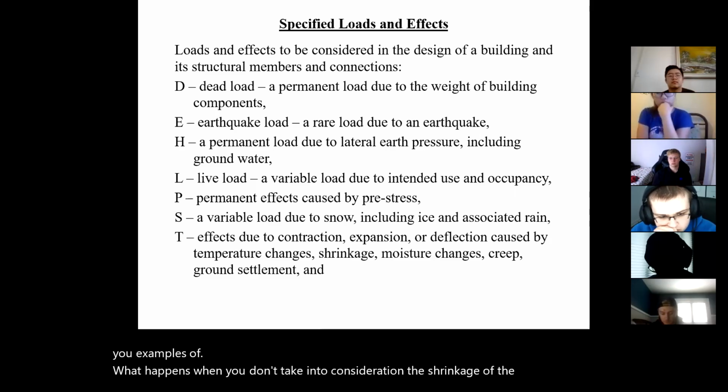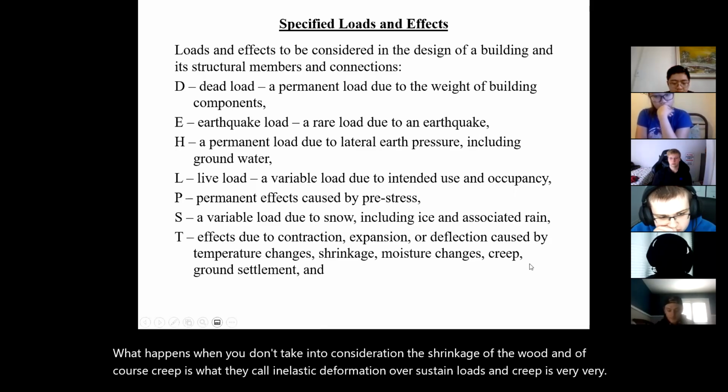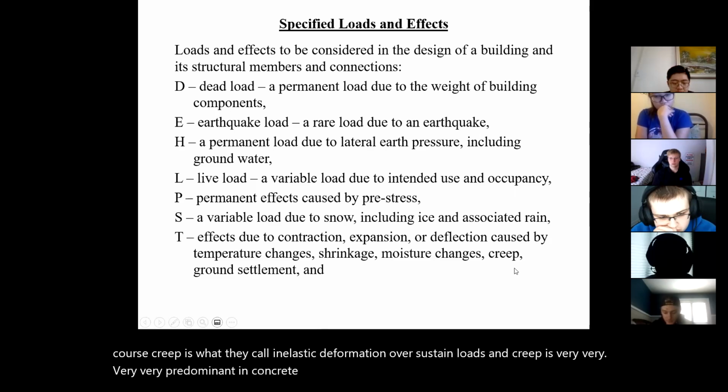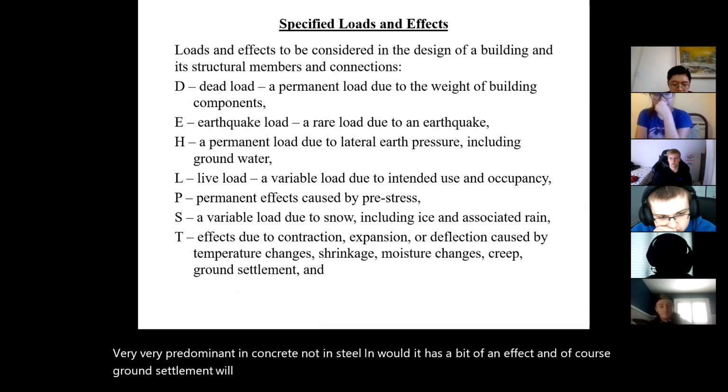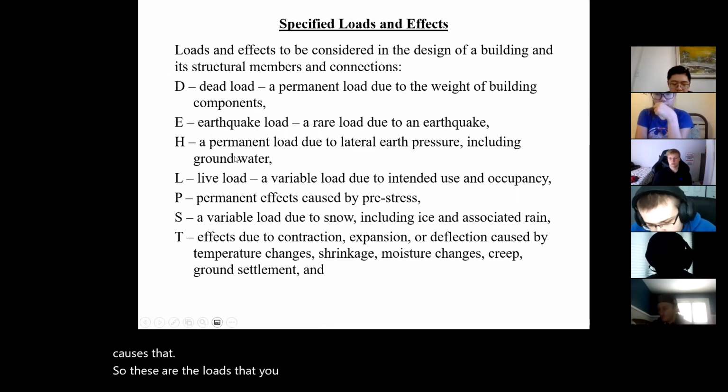And of course, creep is what they call inelastic deformation under sustained loads. And creep is very predominant in concrete, not in steel. In wood, it has a built effect. Of course, ground settlement you will hopefully cover in your soils class. So these are the loads that you always have to consider when you're designing the structure.